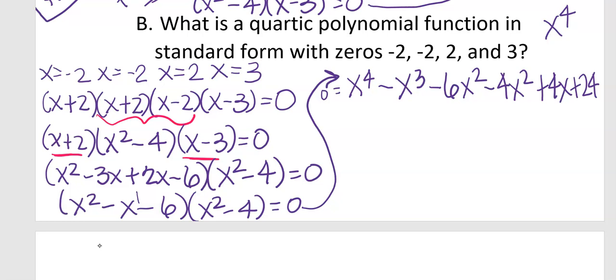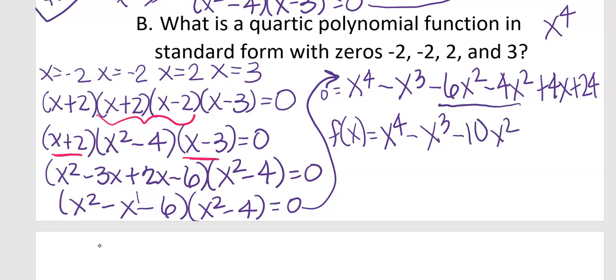X to the 4, and we know it's going to be a function, so I'm going to actually do it right now. So x to the 4. Are there any other x to the 3's? No. Are there any other x squareds? There's a couple of them, right? You're going to put those together. Negative 10, x to the 2.